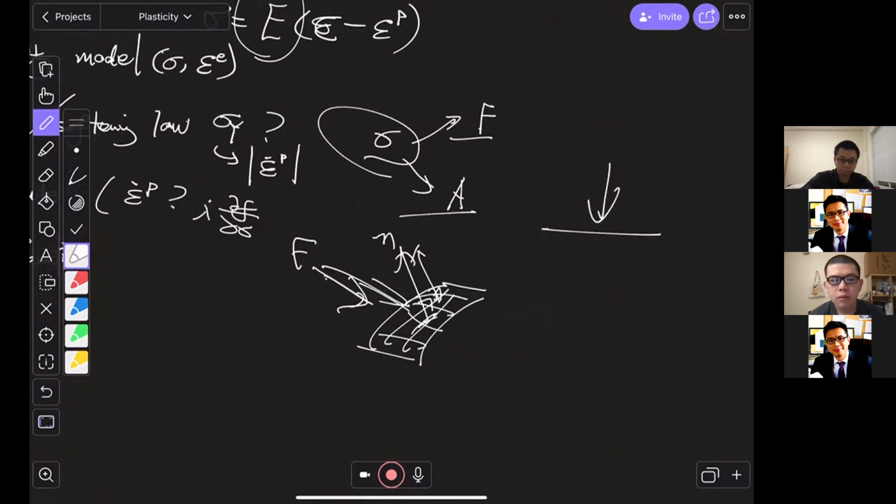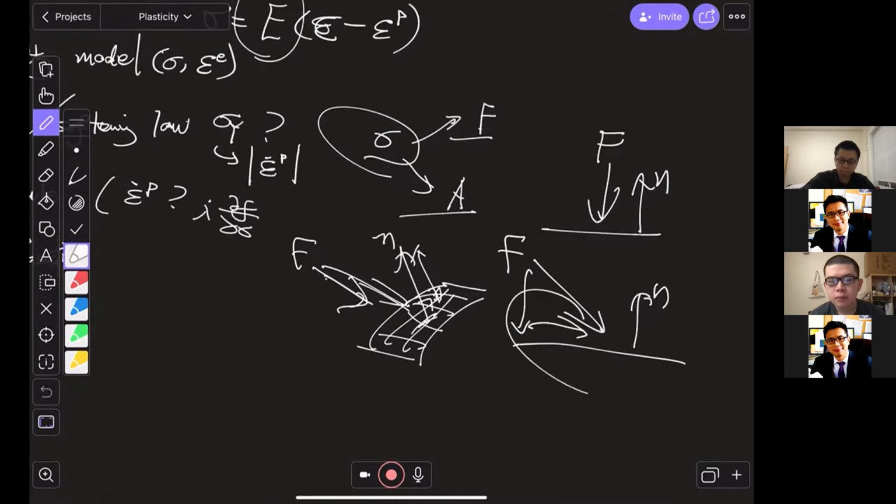If the force is applied here and your normal vector is here, then what you have is pure compaction. But if I have a surface with the same normal direction, but I apply the force here, then a portion of it acts in the direction opposite to the normal vector, and I will also have a tangential part acting on the surface. That would be different than if my normal vector is here but I still apply the same force. So in order to represent that, you need a second order tensor.